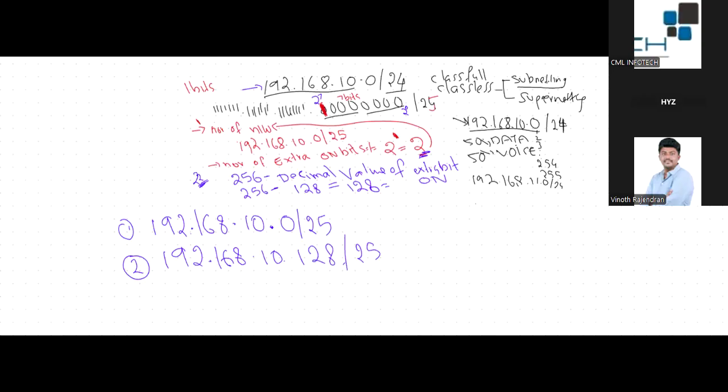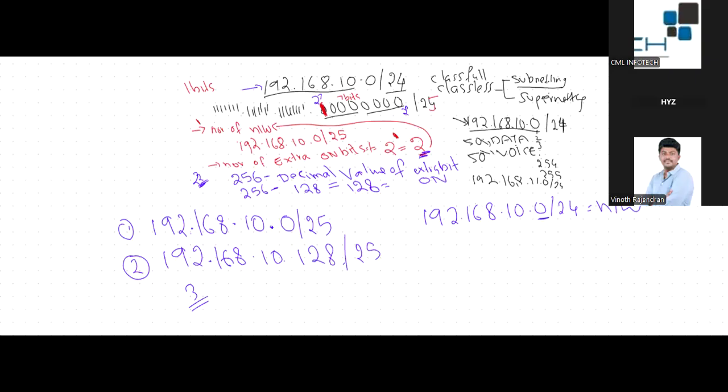Now the third task: how we can write IPs within the network. As I said earlier, when all host bits are off, which is 0, it is called the network. When all are on, this is called the broadcast. So we start with 192.168.10.0/24. This is your network because this octet is 0.